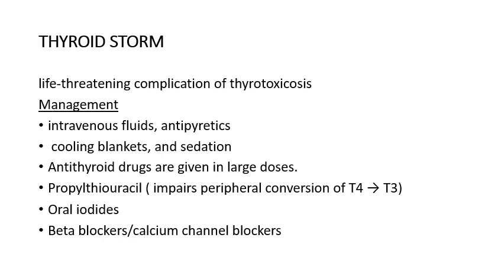A short note on thyroid storm. It is a life-threatening complication of thyroid toxicosis. A patient who is hyperthyroid, when exposed to stress or trauma, sometimes has this thyroid storm precipitated, where there is sudden elevation of T3 and T4 levels, which may cause tachycardia, arrhythmias, sweating, diarrhea, nausea, vomiting, confusion.